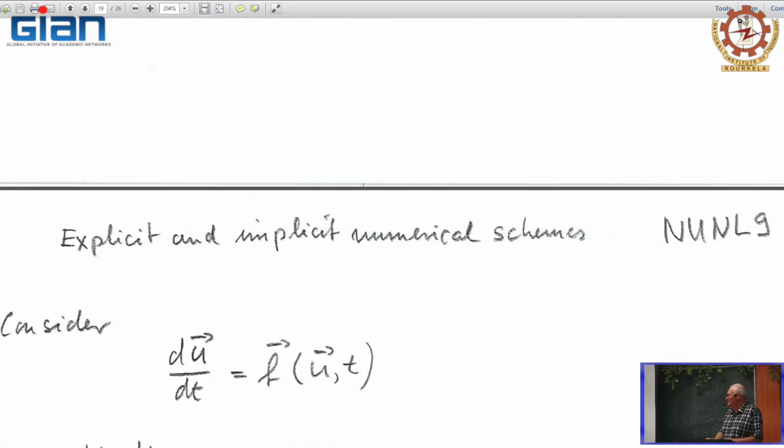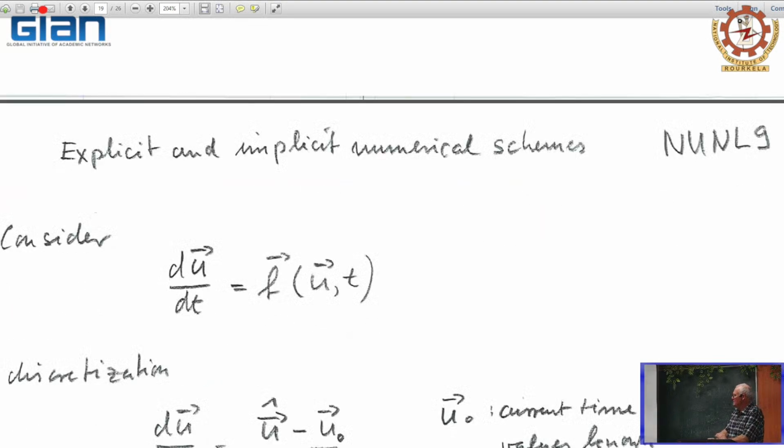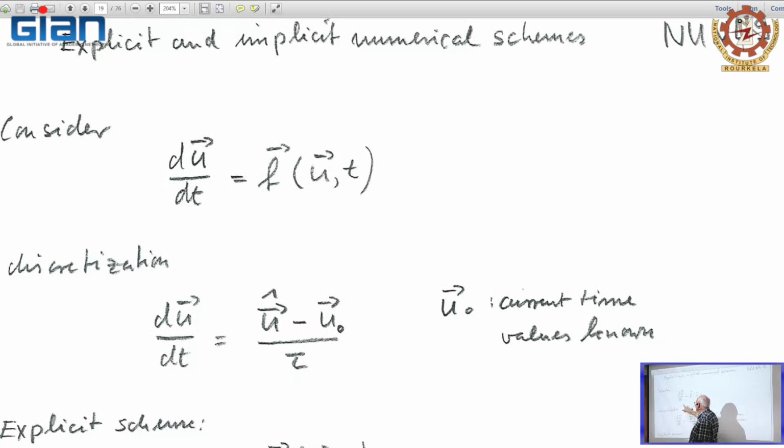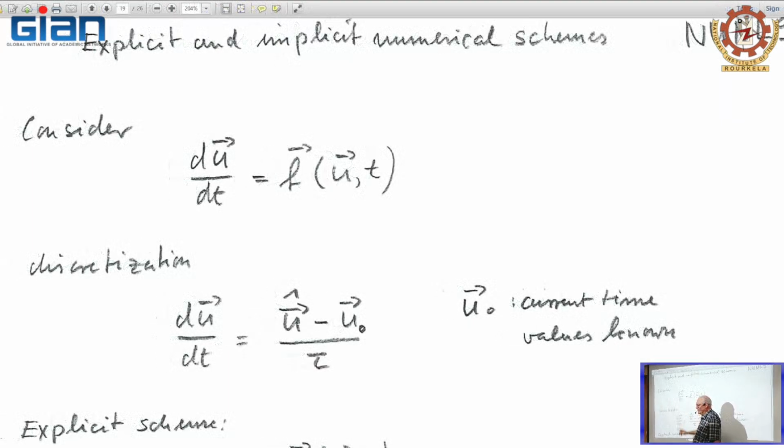Okay, what is an implicit or an explicit scheme? Consider you have a differential system here, an ordinary differential system. A vector u is to be differentiated with respect to time, and the right-hand side is a function of the vector itself and time t.